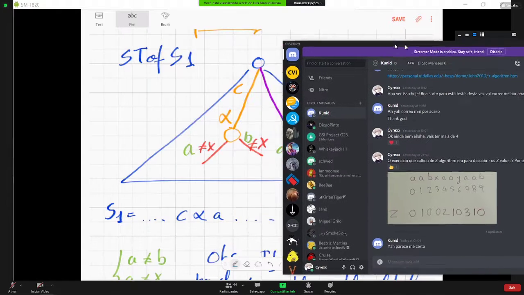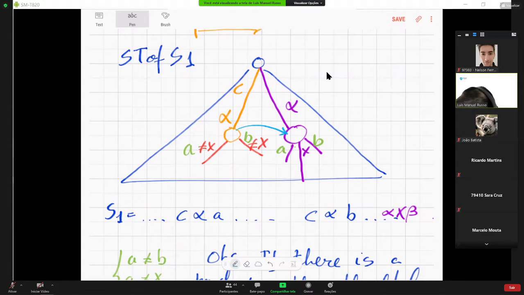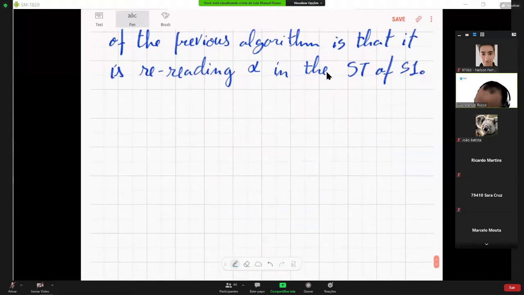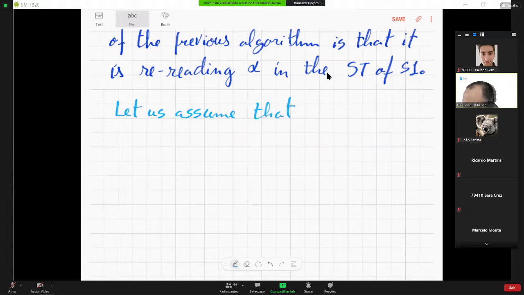So let's assume that I have this pointer. This pointer has a very specific name. It's called the suffix link. Let us assume that every node, basically every internal node, of the suffix tree stores a suffix link.